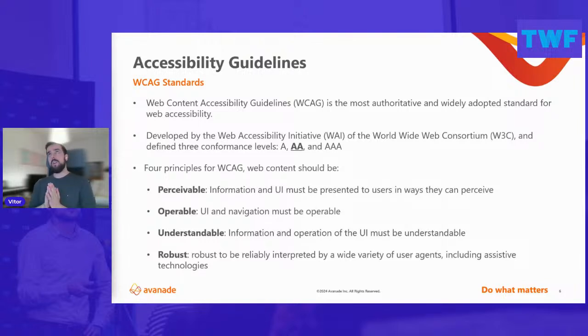We are mostly focused on the double A, as the triple A is, I would say, god tier accessibility. We don't generally need to shoot for triple A, but the main focus is the double A, and the single A is kind of a bare minimum.